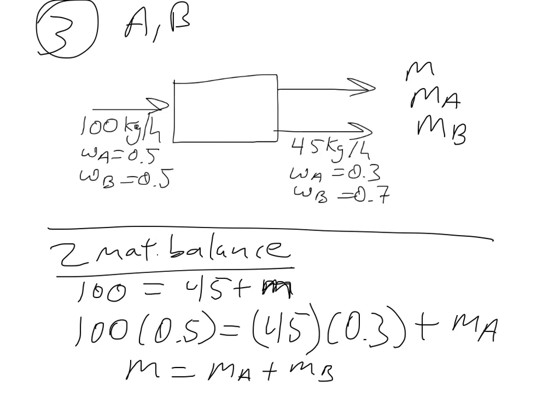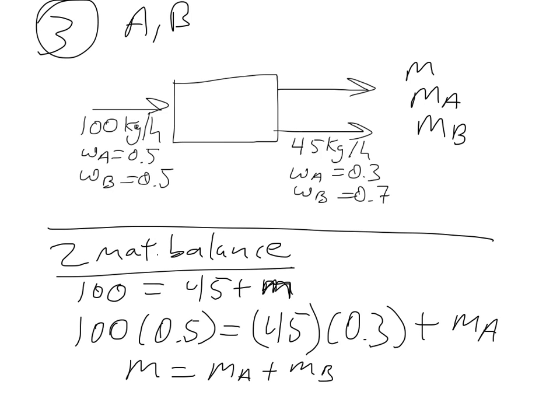Looking at this, we have three equations and three unknowns, and we can solve this with some algebra and math to get the solution. Just in summary, I've shown you three different ways that we can set up the problem.